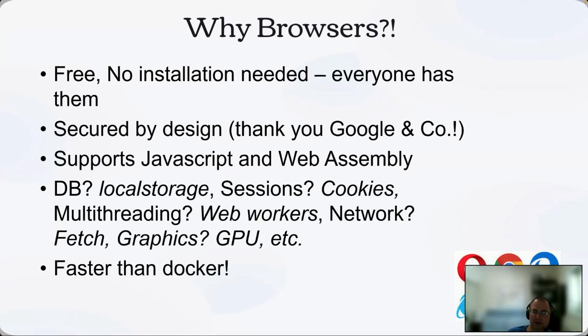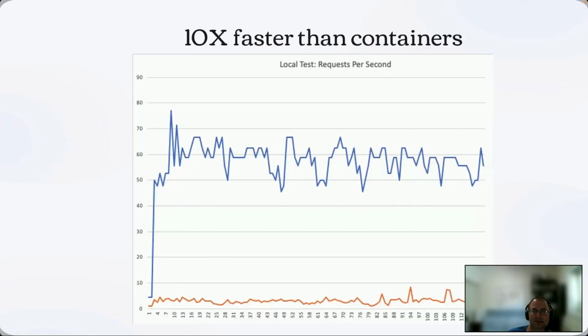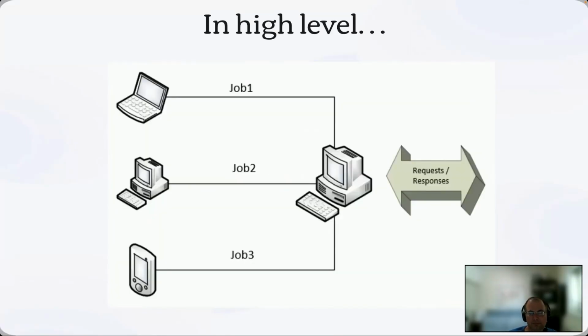So we have a ton of APIs that you can easily use inside the browser, and it's faster, right? Someone did this experiment, and if you take the start time of a container into the equation, then running stuff in the browser can be 10 times faster. So a lot of advantages.